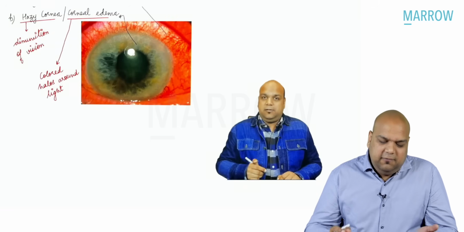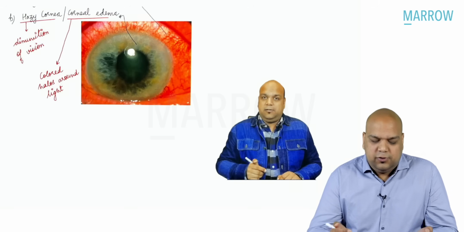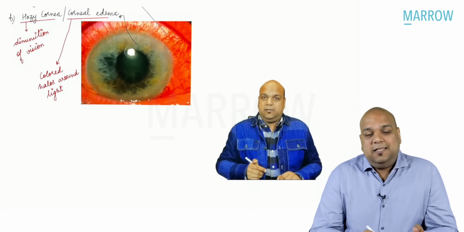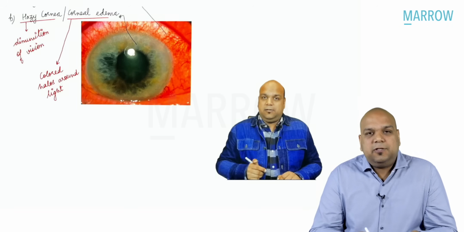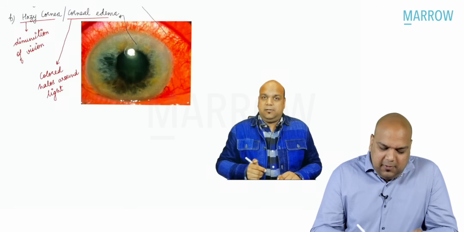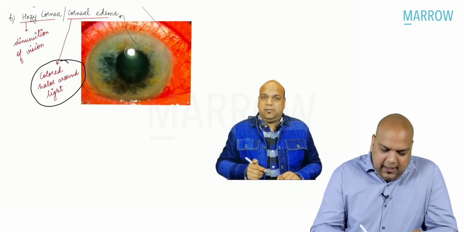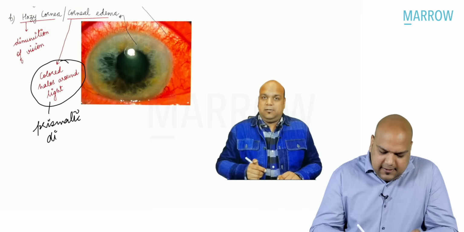Let's see what we have studied. We have studied as a sign of acute angle closure glaucoma that the cornea becomes hazy because of the high IOP, which breaks through the endothelium tight junctions and which causes corneal edema. Corneal edema causes colored halos around light because of prismatic dispersion of light. Yes, like the rainbow.